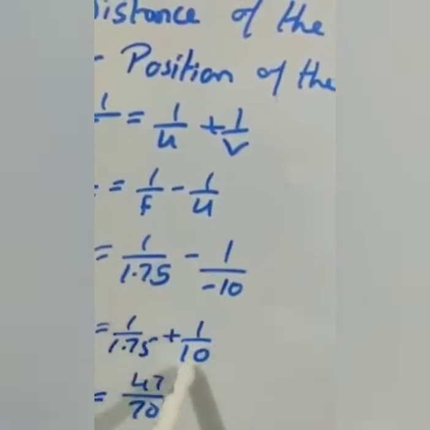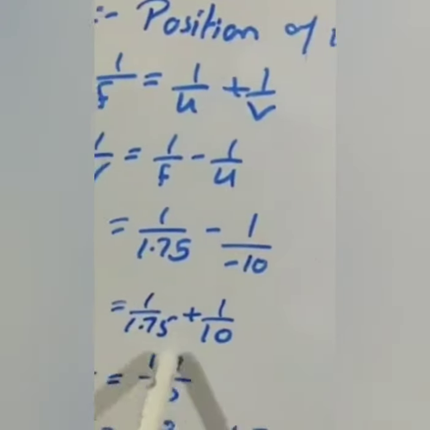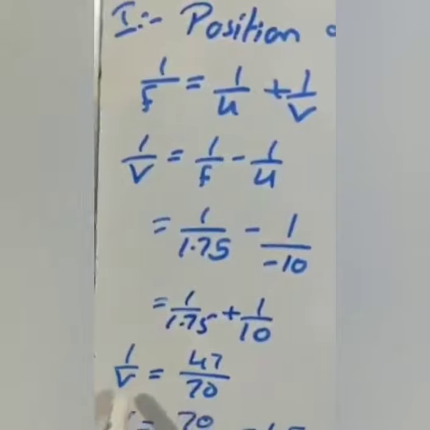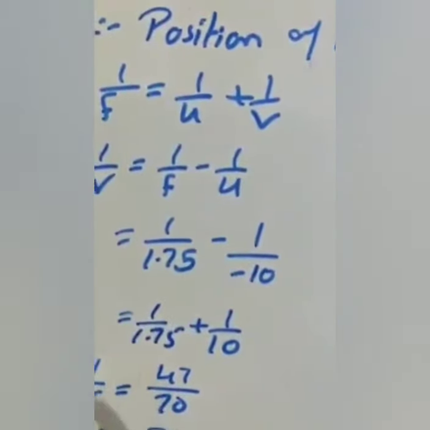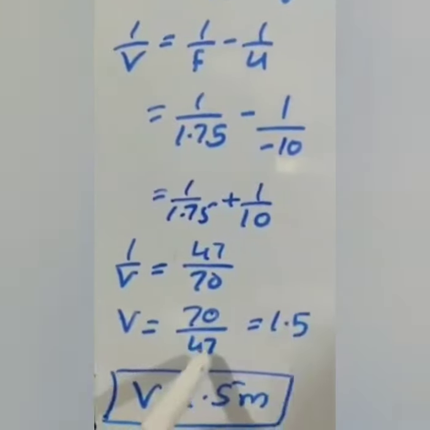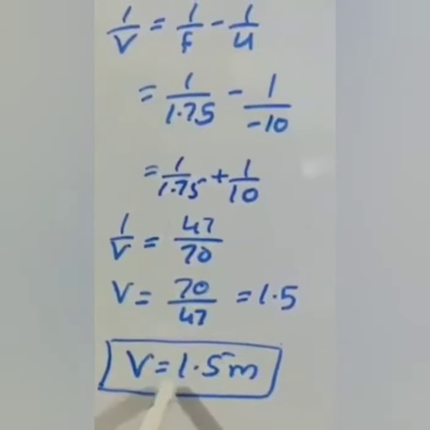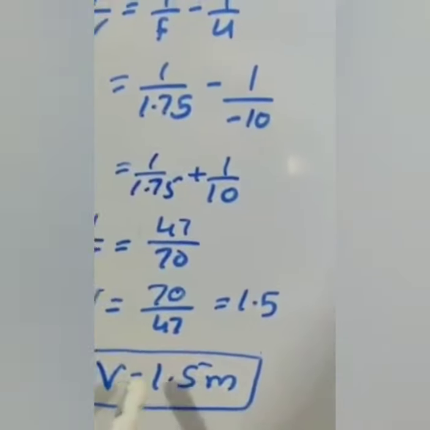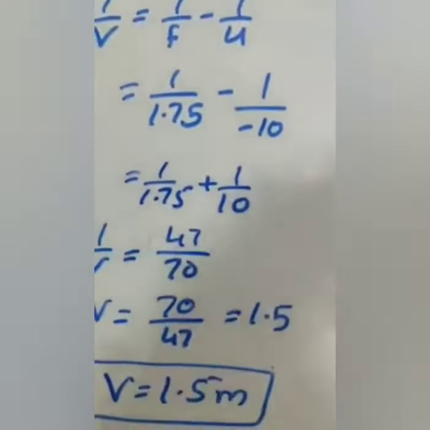Minus minus becomes plus, so 1 upon 1.75 plus 1 upon 10. After calculating you will get 1 upon V equals 47 upon 70. Then taking the reciprocal, V equals 70 by 47, which is about 1.5. V equals 1.5 meters. Distance of the image is positive 1.5 meters.